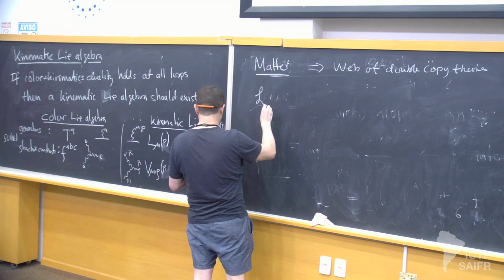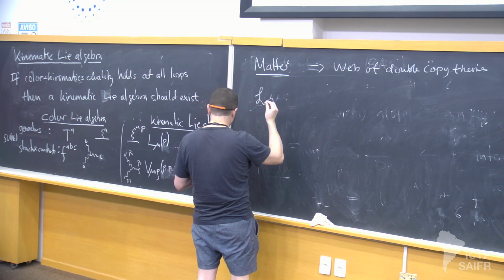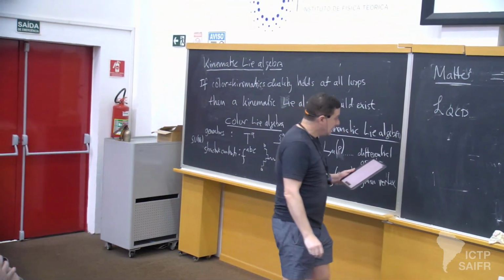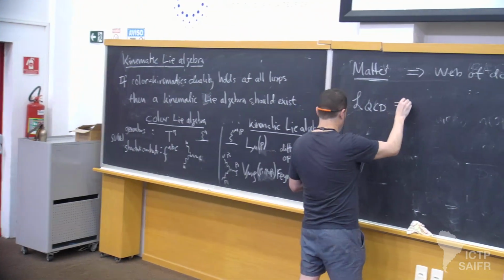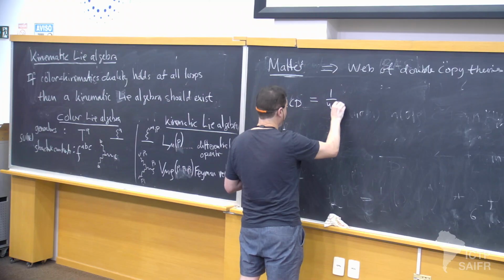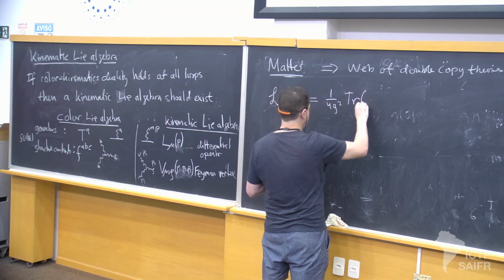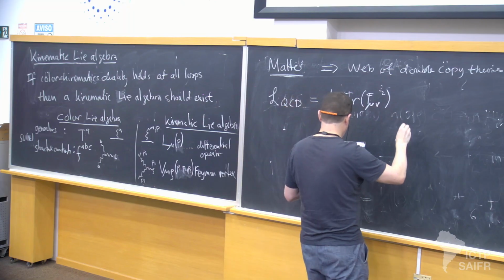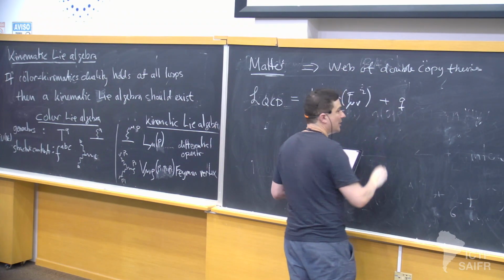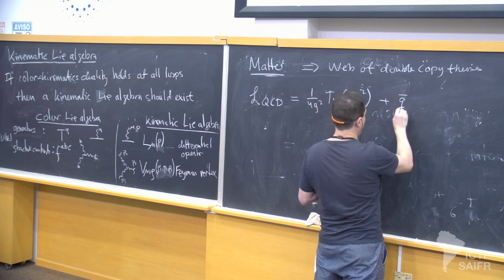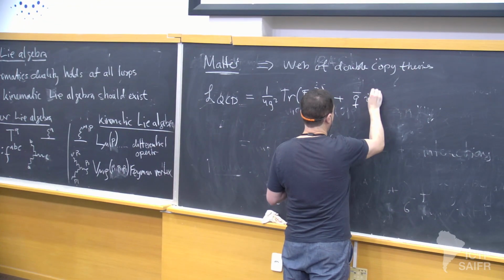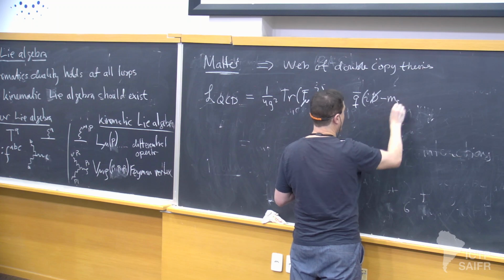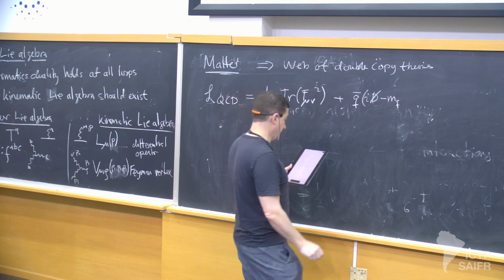So, for example, let's consider the most important case, because it's the name of the school, so QCD. So we just add a bunch of quarks. Let's call the quarks Q. And then we have the Dirac Lagrangian here. So each quark could have a different mass, so let's include a mass.